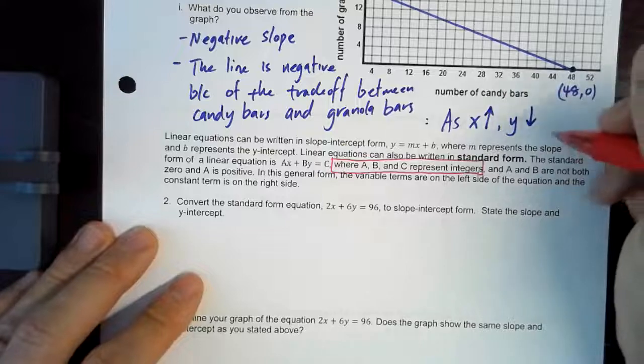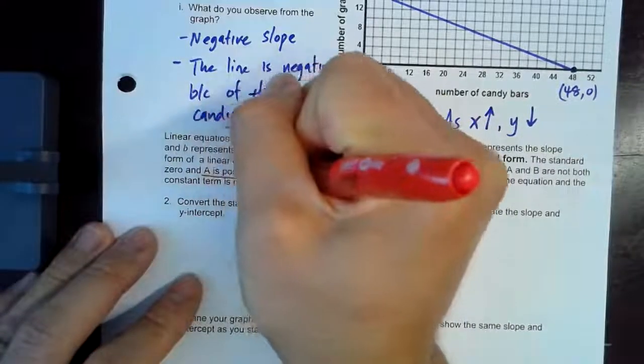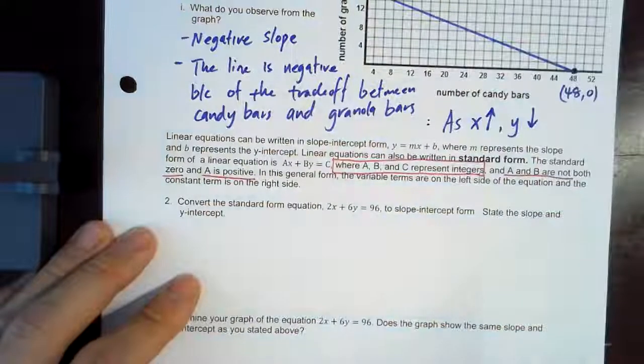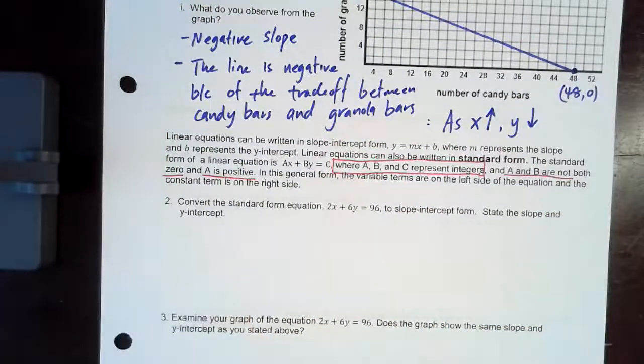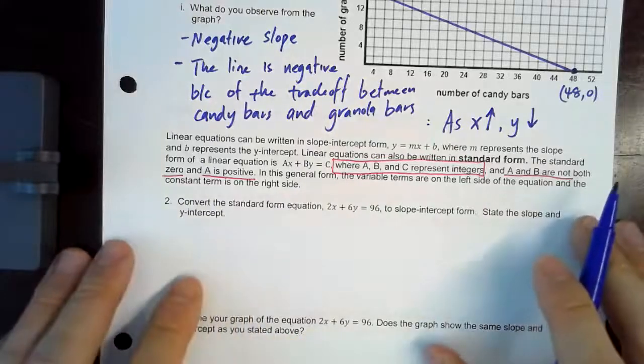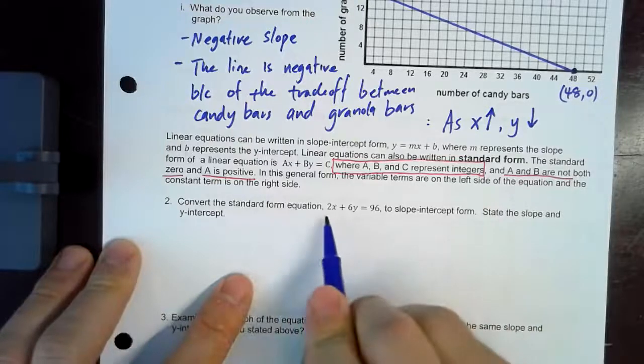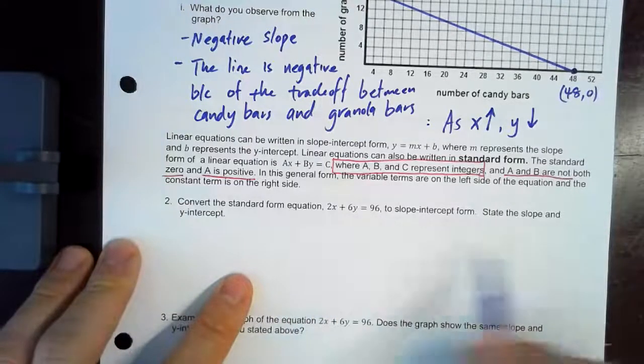Please underline that, circle that. A, b, and c values all have to be integers. A and b are not 0, and a is positive. In this general form, the variable terms are on the left side of the equation, and the constant term is always on the right side of the equation, right?